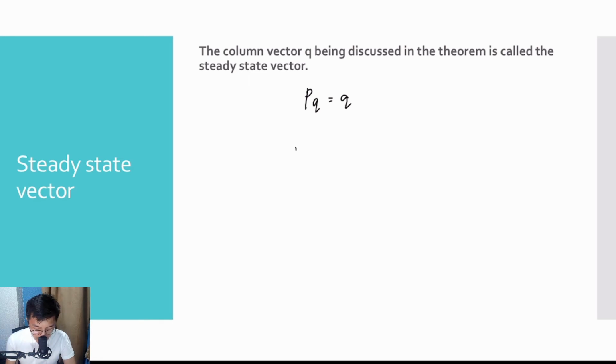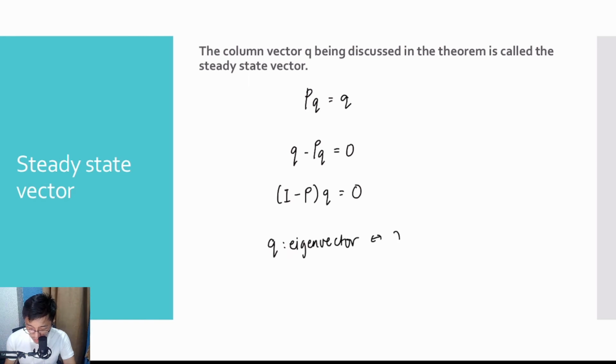Now, if I move Q to the other side, I can have this equation, and I can factor out Q by having I minus P times Q. And here, we can say that Q is an eigenvector corresponding to the eigenvalue of 1 of the matrix P.